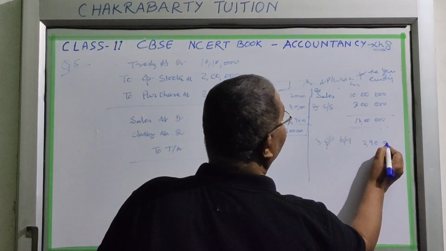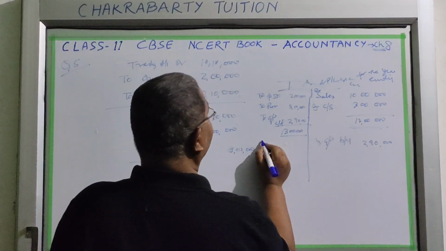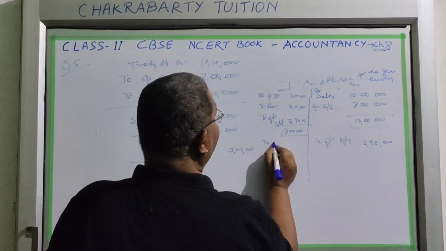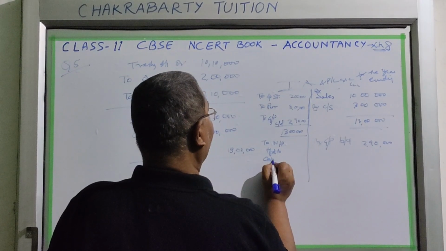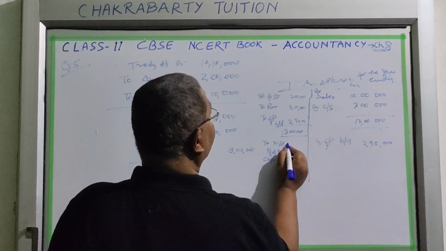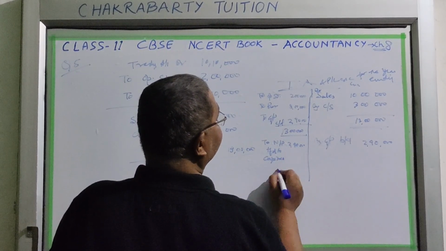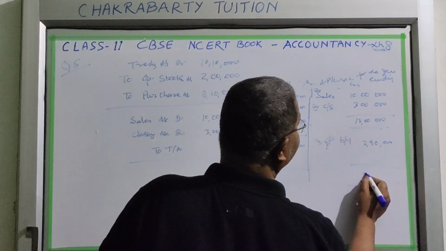Here in PL no other expenses are there, so we will write to NP transfer to capital account, 2,90,000, and this part is over.